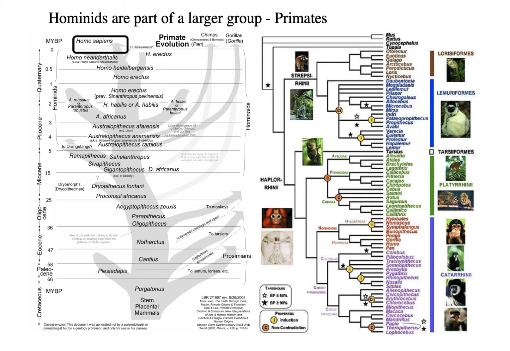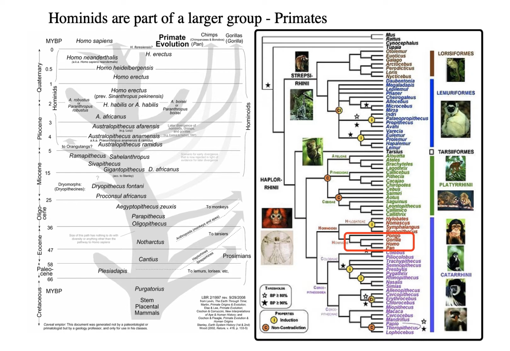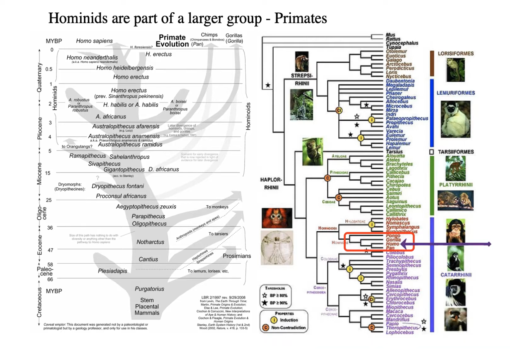Here's another, broader view of that. Here's Homo sapiens up here, branching from Neanderthalensis, Heidelbergensis, Homo erectus, other Homo species, and then diverging about 6 to 8 million years ago from chimpanzees, gorillas, etc., the other hominids. And then further back are monkeys, tarsiers, and other primates as well. This is shown a little further out over here on the right-hand side.